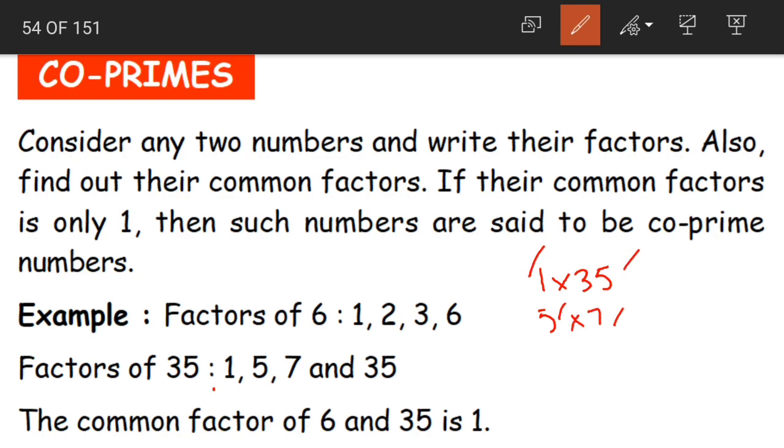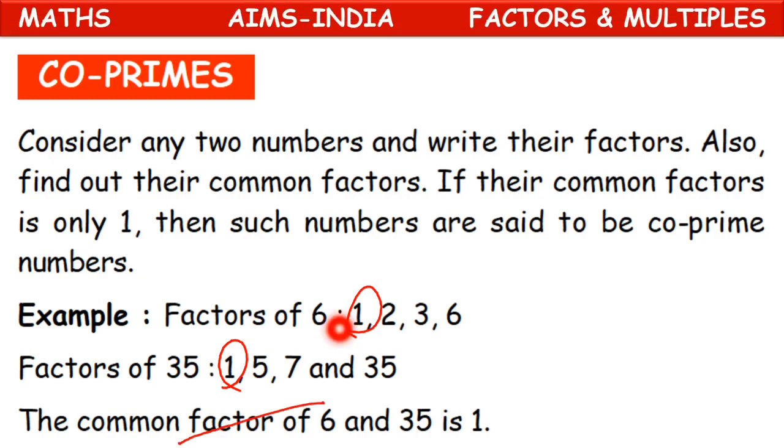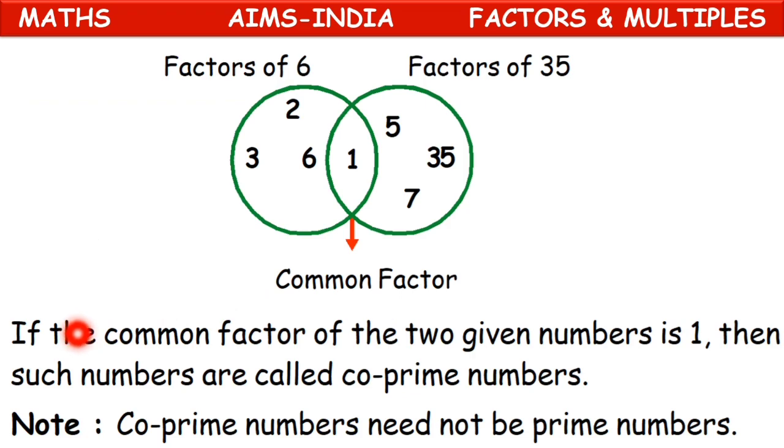So 1, 5, 7, 35 are the factors of 35. Now what are the common factors here? 1. Both 6 and 35 have 1 as a factor. The common factor of 6 and 35 is only 1, children. So if the common factor of the two given numbers is 1, then such numbers are called co-prime numbers.